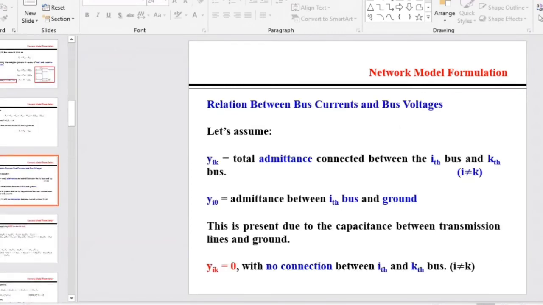Now I'm coming to the relation between bus currents and bus voltages, but before I come to that, I want to know if you have any question of what I mentioned.